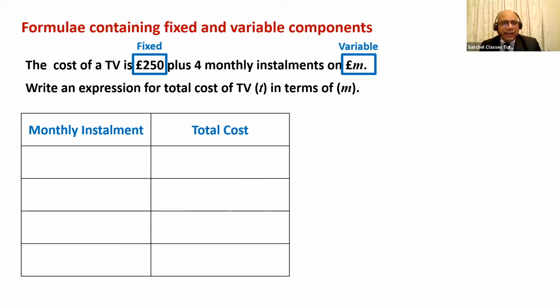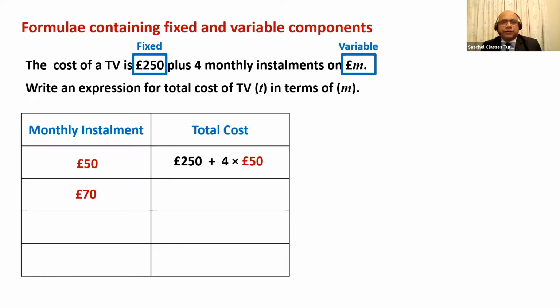So if the monthly installment was £50, what do you think will be the total cost of the TV? You'll make a down payment of £250, and then there will be 4 installments of £50. So your total cost will be 250, which is your down payment, plus 4 times 50, because each installment is £50 and there are 4 of them. So 250 plus 4 times 50 will be your total cost. What if the monthly installment was £70?